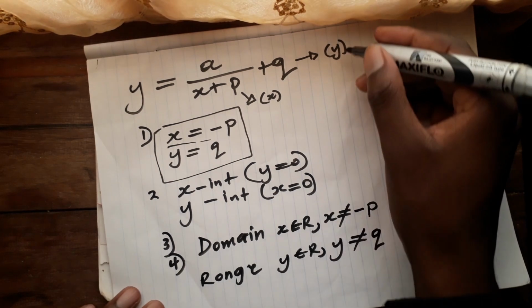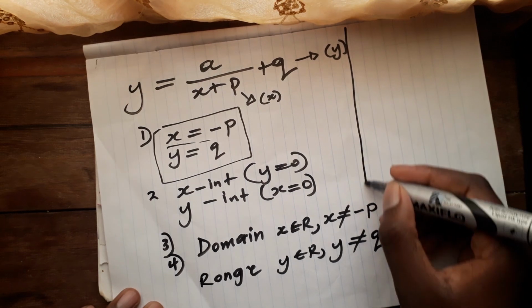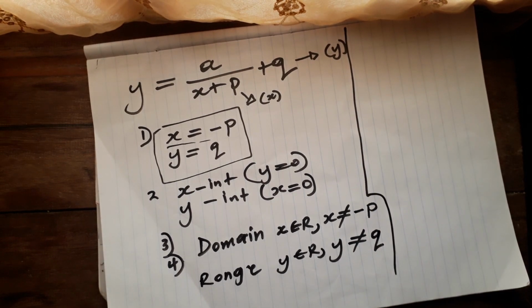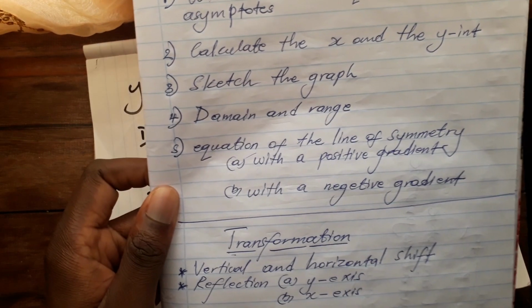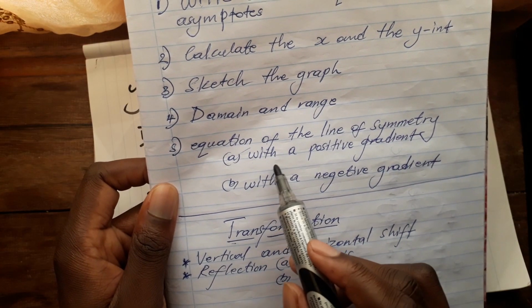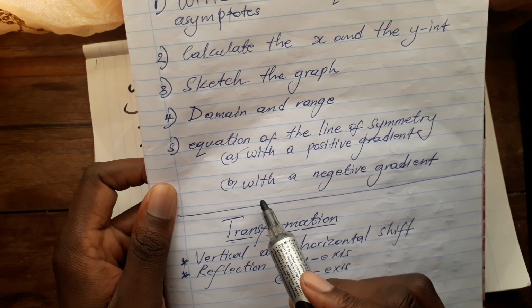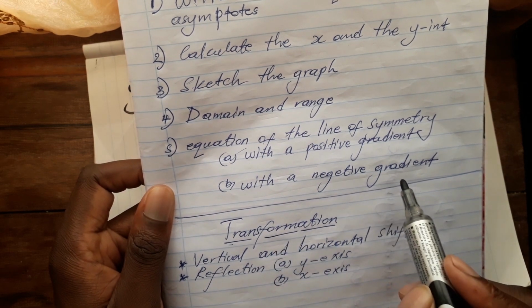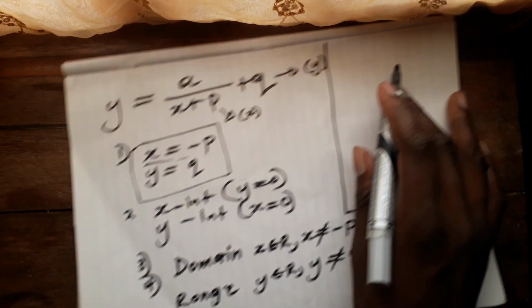And now let's jump to the fifth question, which is the equation of the line of symmetry with a positive gradient and the one with a negative gradient. Question number 5.